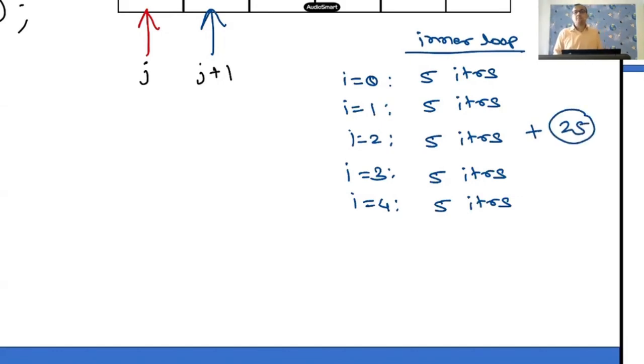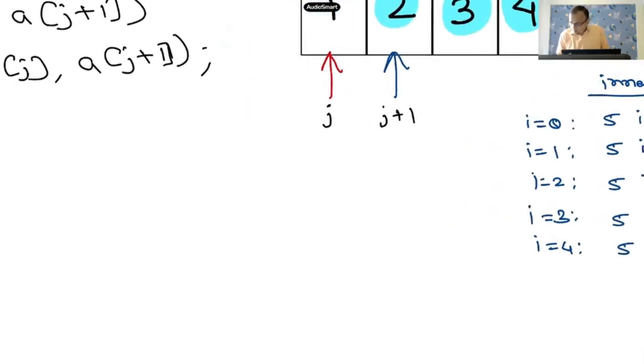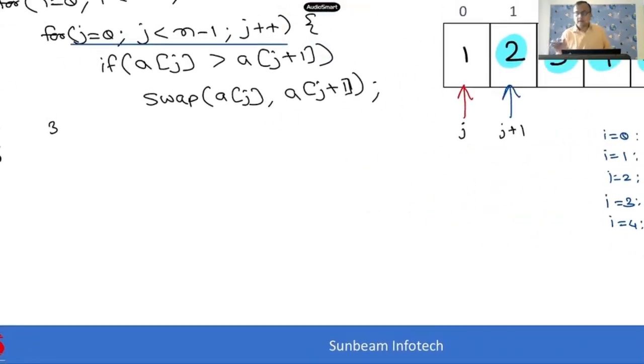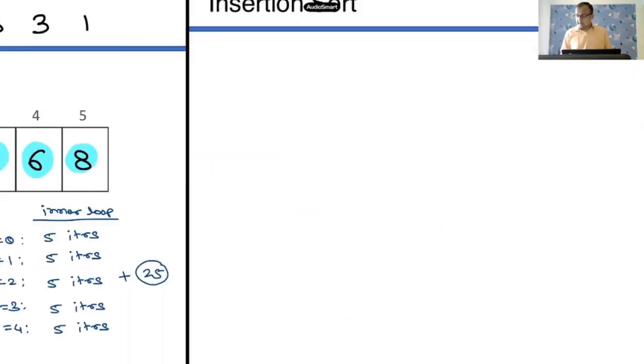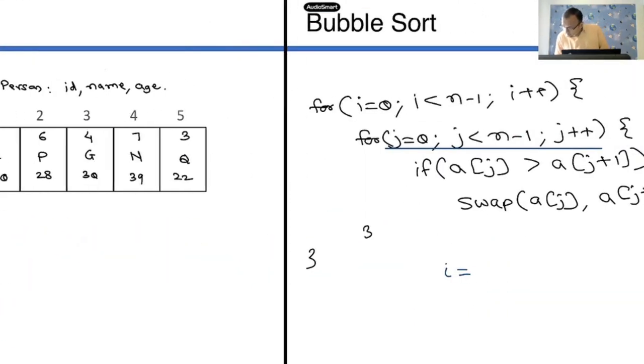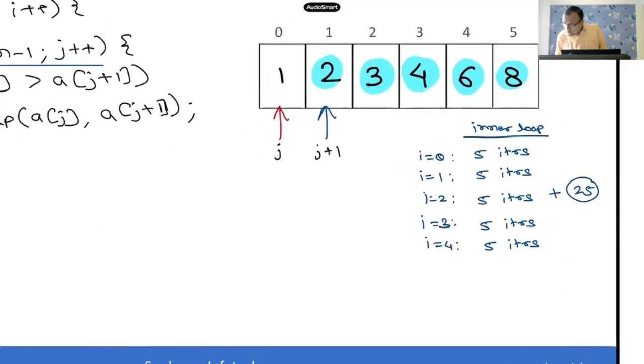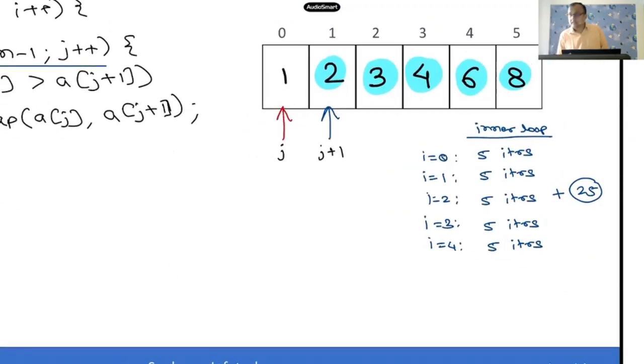Okay, that is pretty simple. However, I want to look at exactly what the time complexity is. For 6 elements, we have seen there are a total of 25 iterations in the inner loop. That we did on paper.